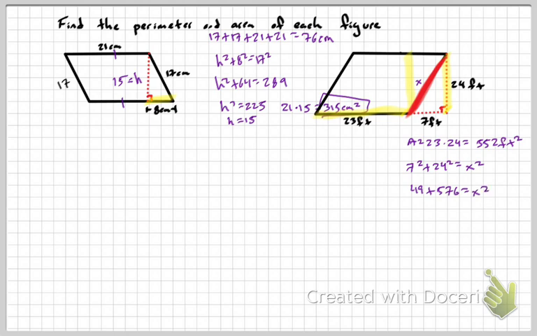So 576 plus 49 is 625. So x squared equals 625. Square root of 625 is 25. So our perimeter is 23 plus 23 plus 25 plus 25, or 50 plus 46, 96.